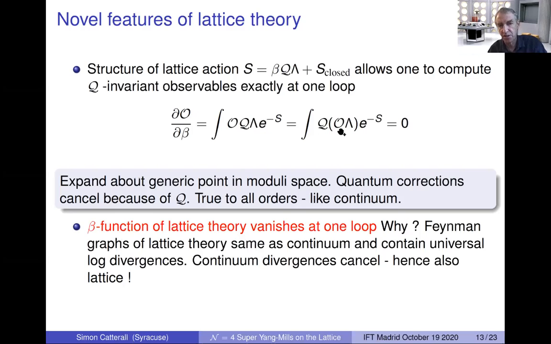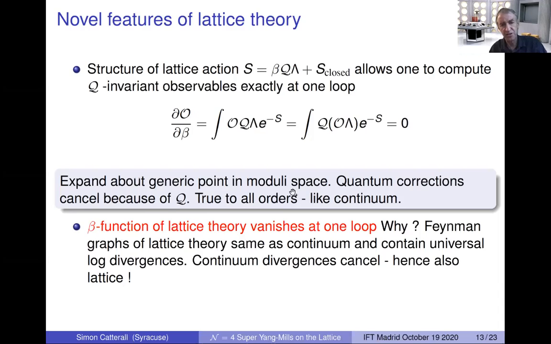And since Q lambda is by definition invariant under Q, this is just equal to 0 by a Ward identity. So you can show the derivative with respect to beta is 0, and that's true for any beta. So things are Q invariant, and you can compute everything exactly at one loop. This is essentially that topological subsector I said was in the theory.